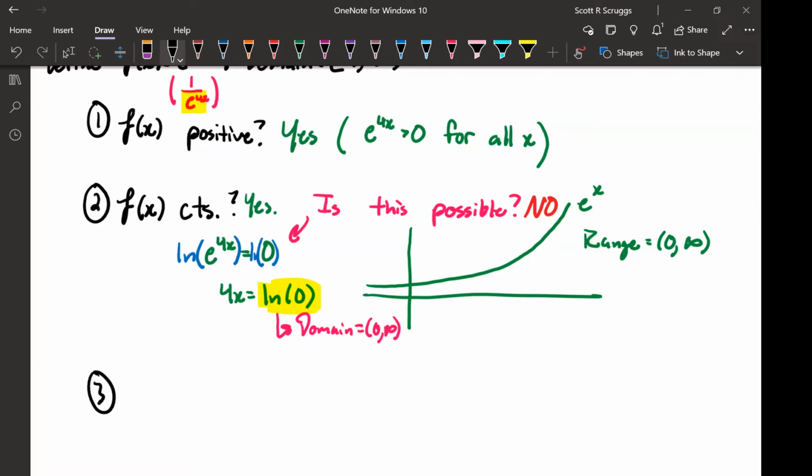For this particular example, I don't even have a point discontinuity because it can't even happen. And so the quickest way to check that is to set the denominator equal to 0 and see what would happen. Okay. Yeah, so that's why I did all that work below to see if there was a trouble point.